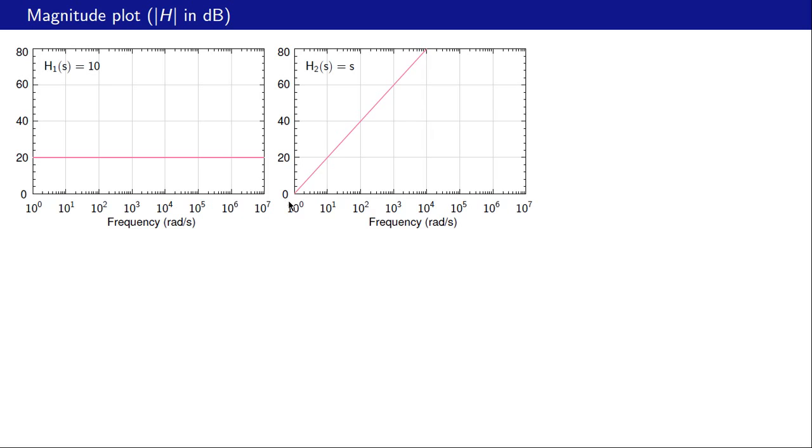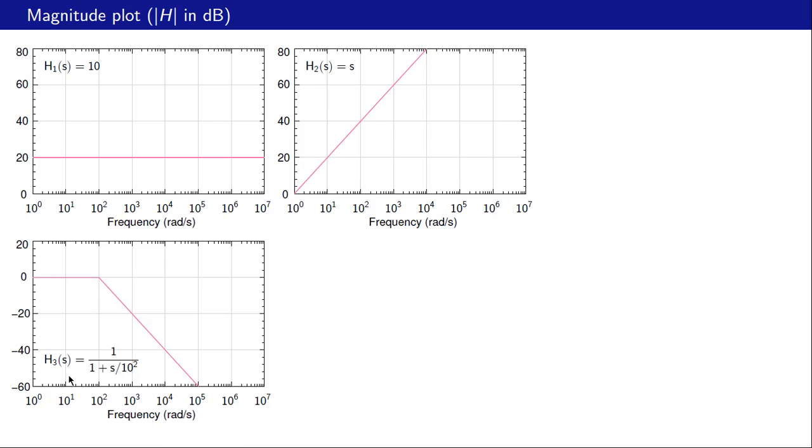So we know that the graph will go through this particular point, and we also know that h2 will increase as omega increases, with a slope of 20 dB per decade. So all we need to do now is to draw this straight line with a slope of 20 dB per decade. So as we go 1 decade in frequency, we go 20 dB in mod h.